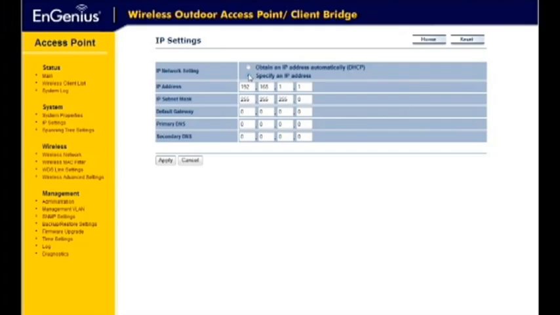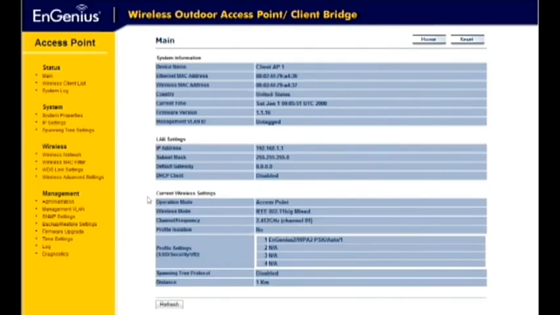Select the Specify an IP Address radio button if you'd like the device to use a static IP address. If you select this option, you'll be required to specify an IP address, subnet mask, and default gateway IP address. We recommend using a static IP for this device. Click Apply to save your changes.